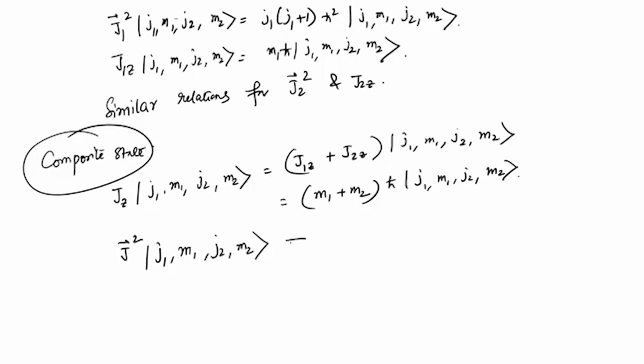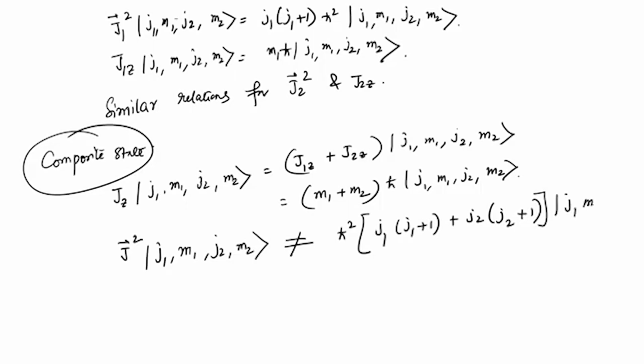Now, that is not equal to, say, H cross square, if I take it common, J1 into J1 plus 1 plus J2 into J2 plus 1 times these states. So, this is incorrect.